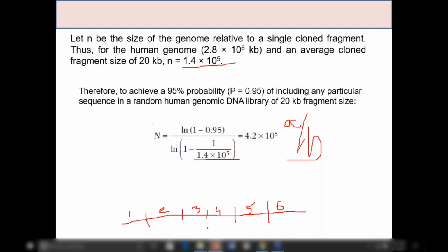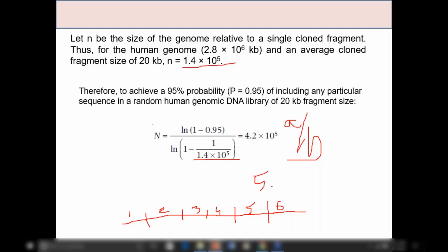Syed, if I cloned only 5 fragments, what percentage have I covered? Out of 6, yes. 83%, very good.